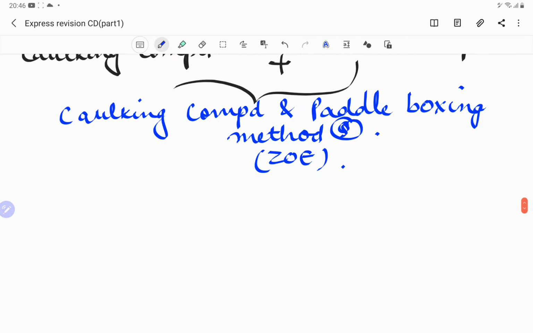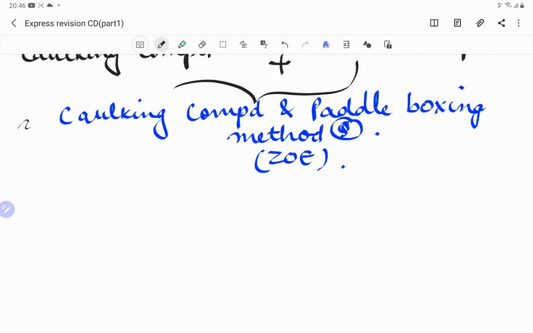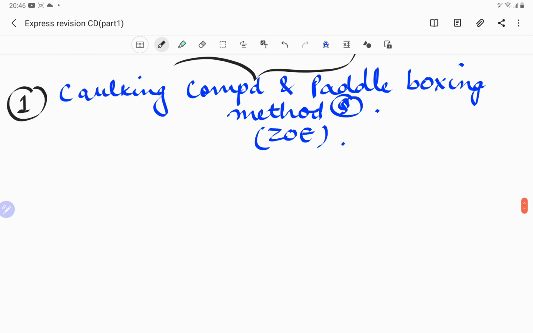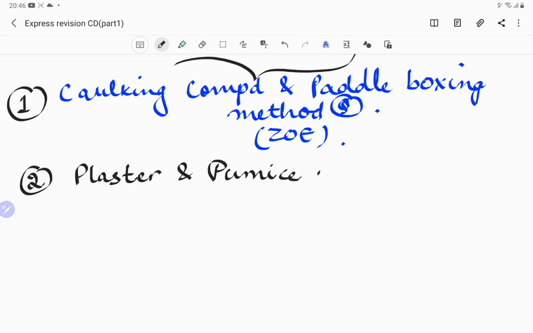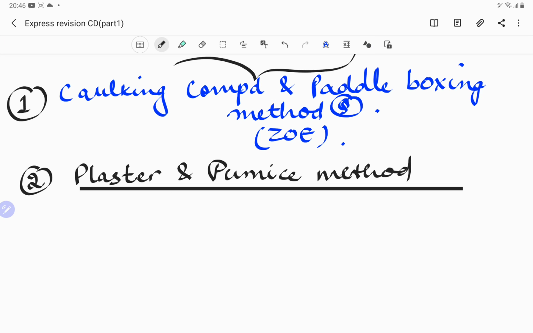So the first method for doing beading and boxing is the caulking compound and the paddle boxing method. The another method is plaster and pumice method. This method we do when we are taking impression from the rubber base material.